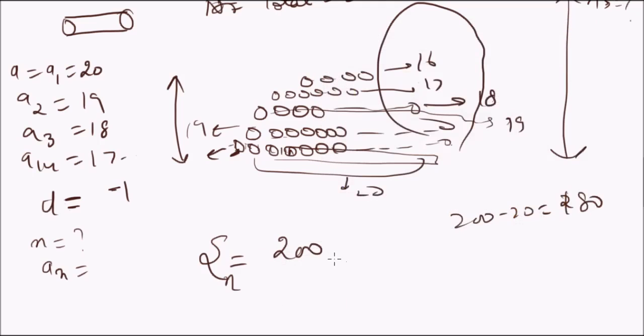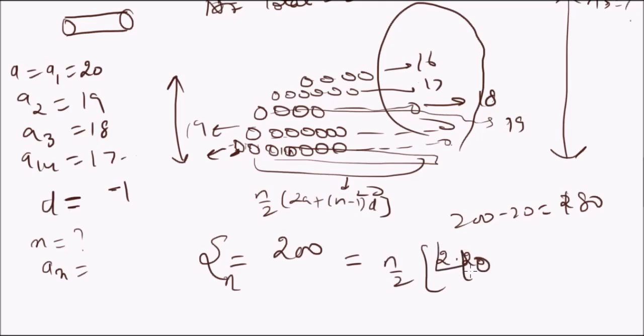Thus Sn is 200, which means the formula is n by 2 into 2a plus (n minus 1) into d. n is unknown, and a, the first term, is 20, so we can write this as 40 plus n minus 1, where n is again unknown, into d, which is minus 1.